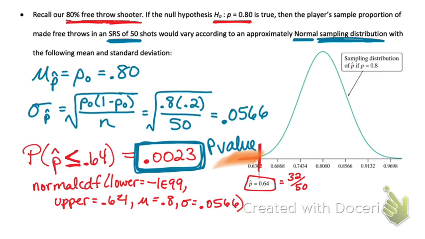The one last week was just 400. This is an infinite amount. So there's even more here. So it's even more convincing that Coach Brooks is not an 80% free throw shooter, because his p-value is super low, 0.0023.